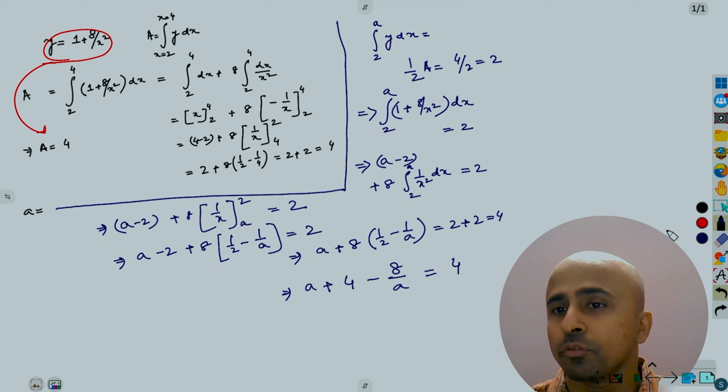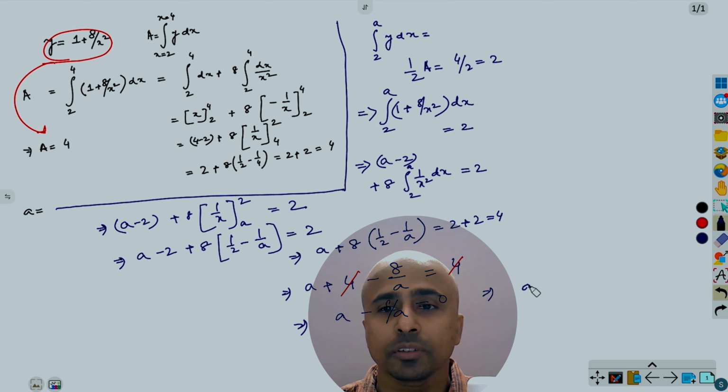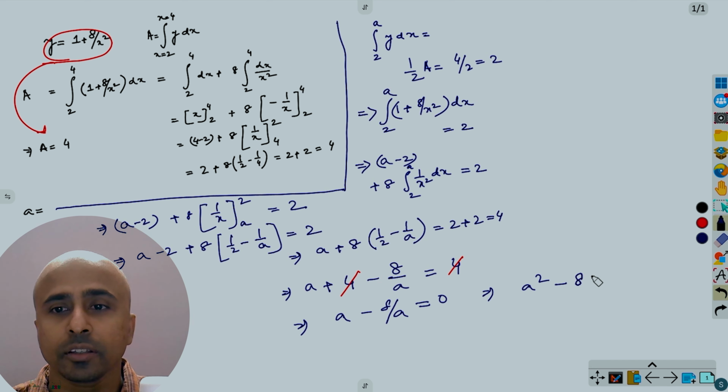So 4 and 4 will get cancelled out from both sides. Therefore, if we simplify this, a minus 8 by a equals 0. This gives a square minus 8 equals 0. Yes, this gives a square equals 8.